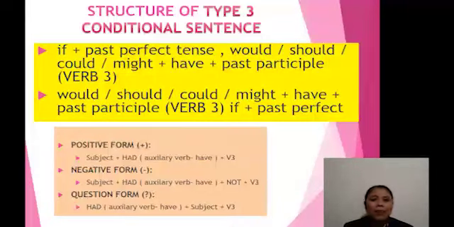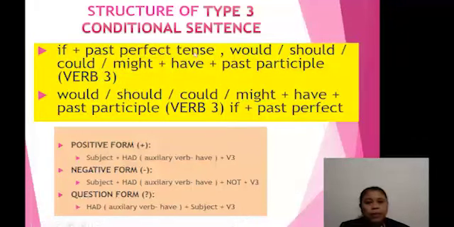Okay, now let's see the structure of type 3 conditional sentence. Because this is type 3, what we can easily remember about the structure is in the if clause, after if we use past perfect tense, usually had plus verb 3.